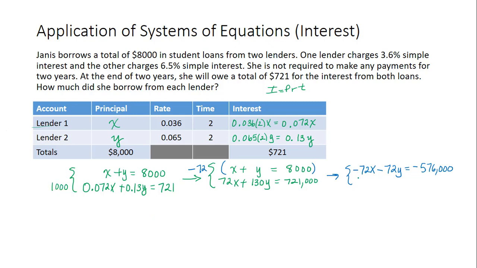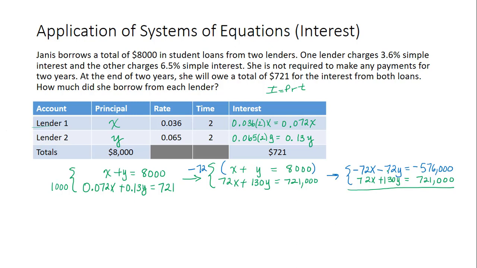The second equation stays as is, 72x plus 130y is equal to 721,000. Now we can add the equations in the system together. The x terms add to 0.